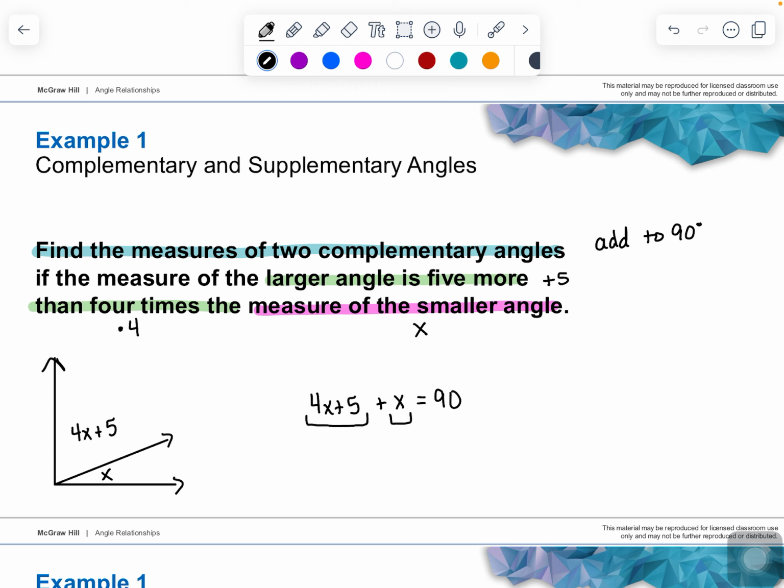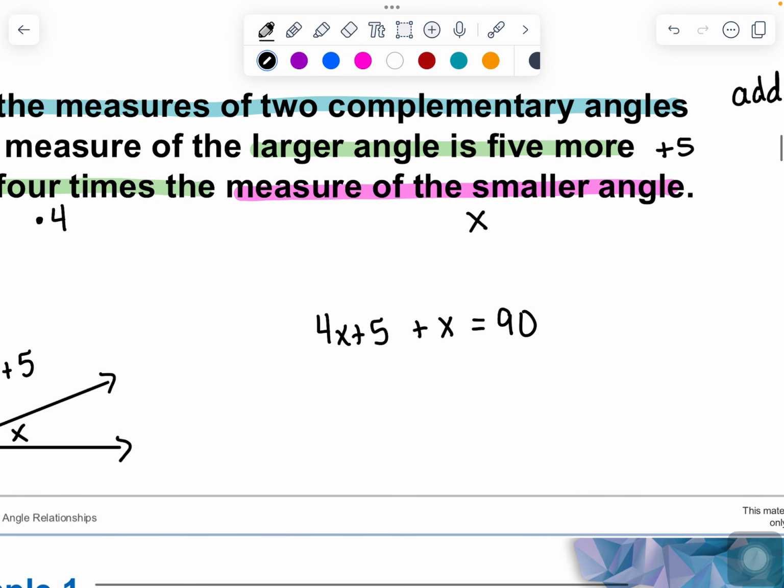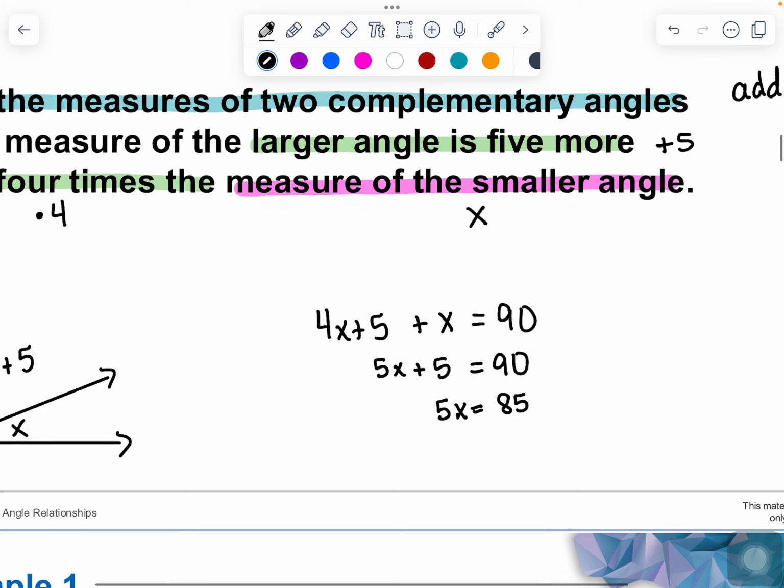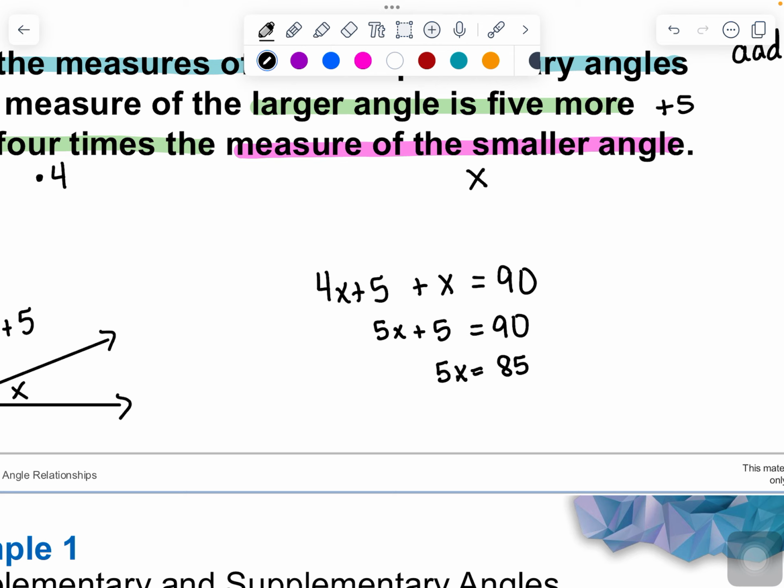That's the rule of complementary there. And that's something we can solve. So we simplify, we get 5x plus 5 equals 90. We're going to subtract that 5, so you get 5x equals 85. And then we're going to divide. So x equals, I believe that's 17.